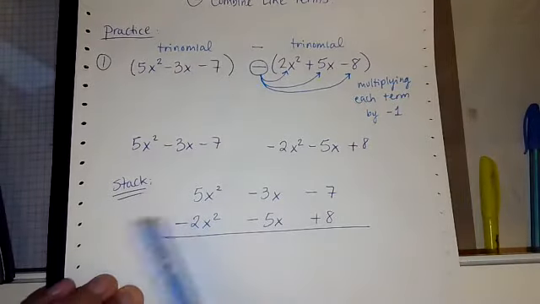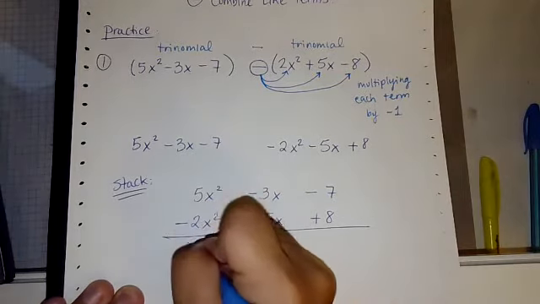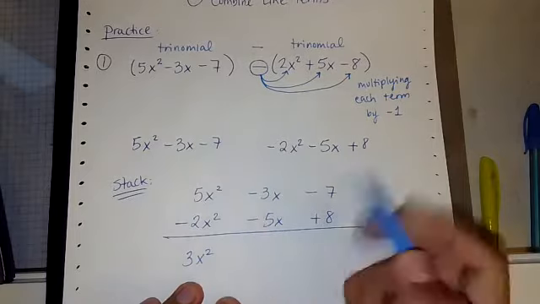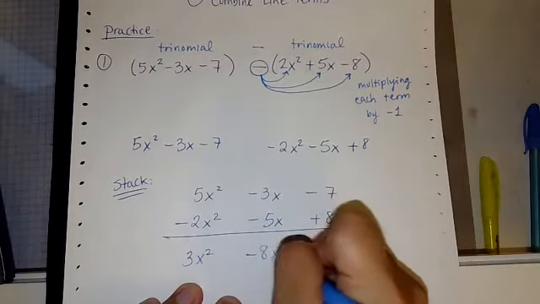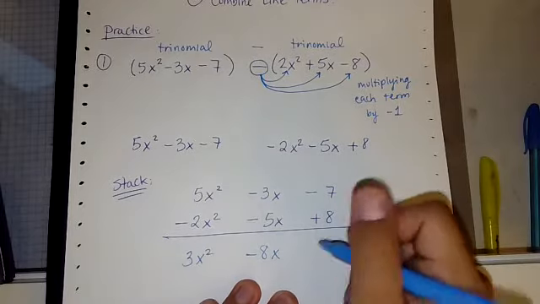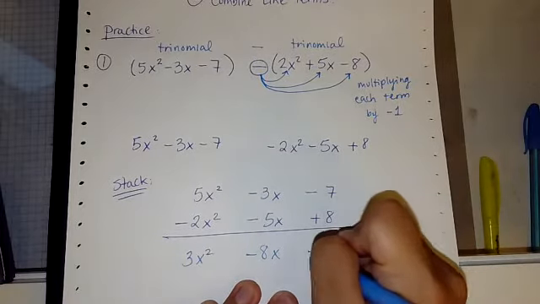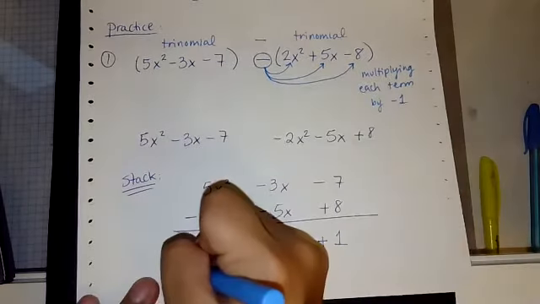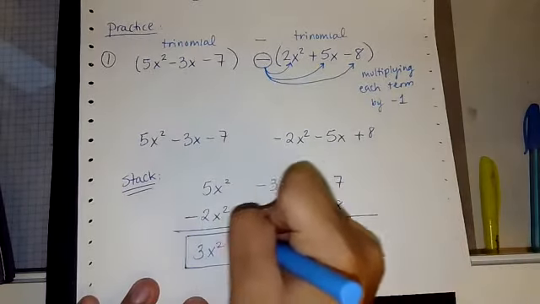Well, 5 minus 2 is 3x squared. -3 minus 5 should be -8x. And then -7 plus 8 should be +1. So that's your answer.